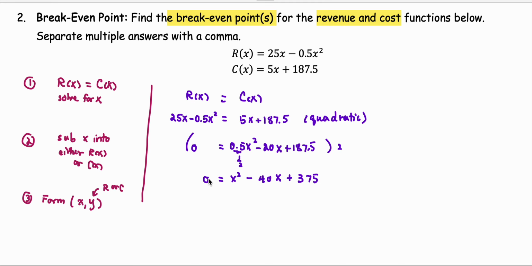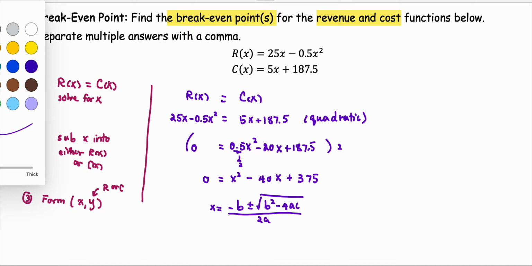Now the equation is cleaner. So either use the quadratic formula or factoring. If you prefer the quadratic formula, remember x equals negative b plus or minus the square root of b squared minus 4ac, all divided by 2 times a.